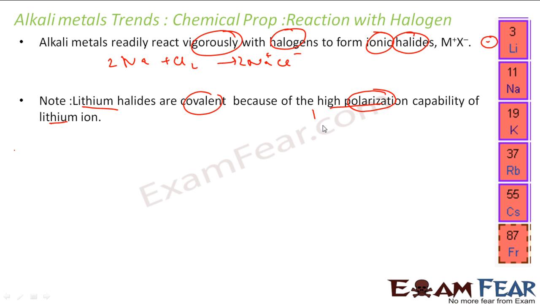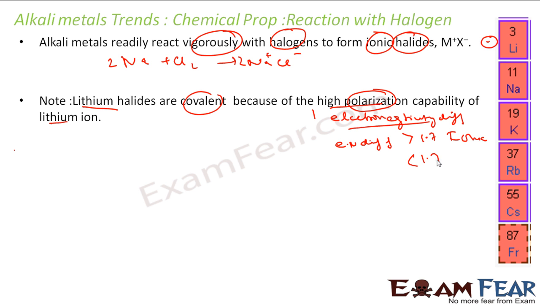One good way to find out if a compound is covalent or ionic is to find the electronegativity difference. If the electronegativity difference is greater than 1.7, it is ionic, and if it is less than 1.7, it is covalent.